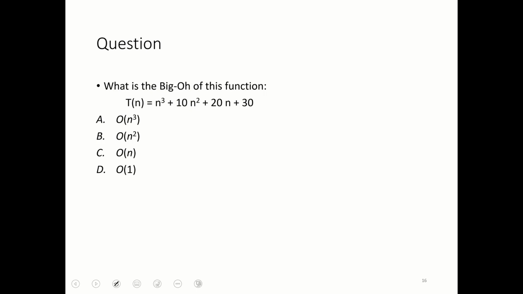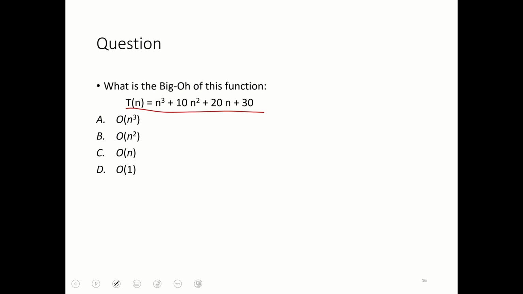Then take a look at this one. This question gives us this expression, so what is the answer? You need to know which is the constant factor and what is the lower order term.